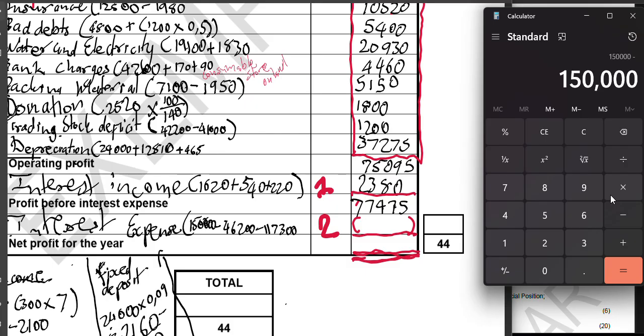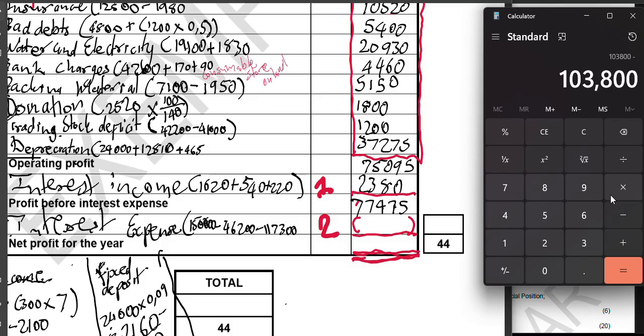150,000 minus the repayment of the loan, which was 46,200. Remember that the answer that you get here is the balance that you have on your balance sheet. You don't dismiss this. This is the right balance. But now you need to find out how much the bank added as interest.